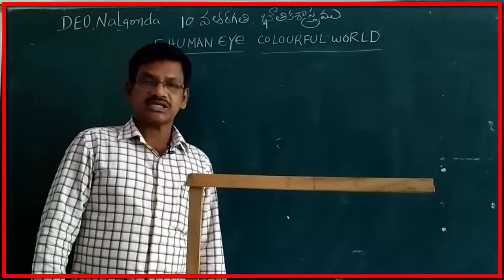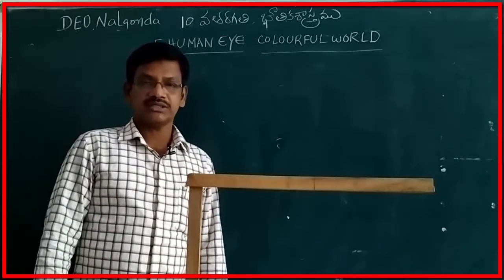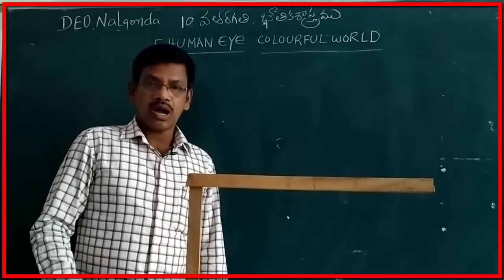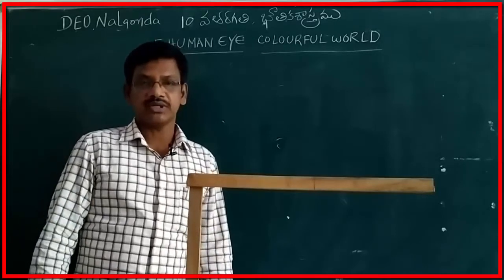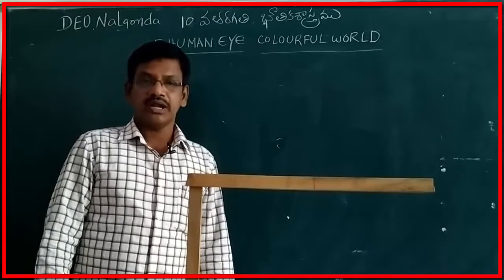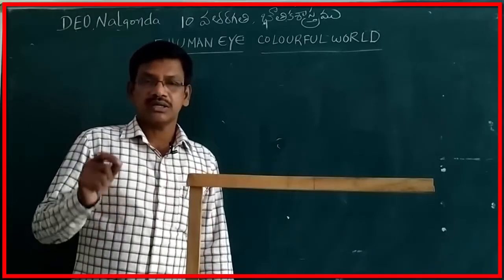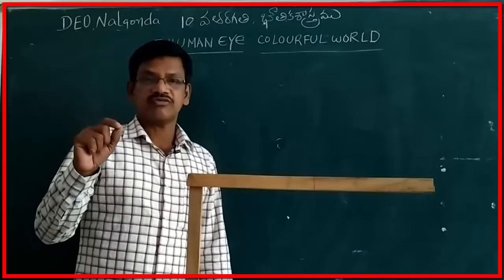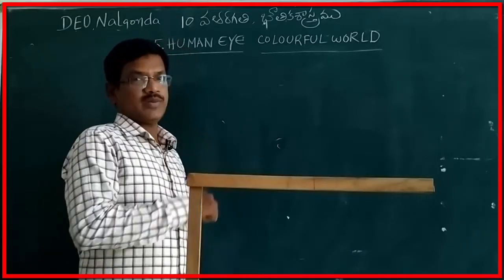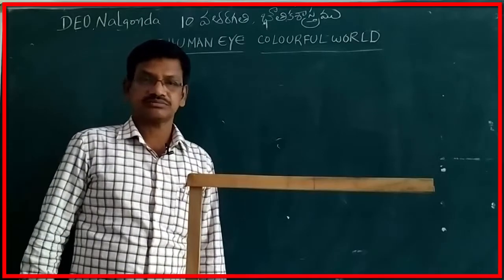Now we get some doubts in our mind: how are images formed on the retina, and what is the work or principle of the lens that shows the images on the retina?